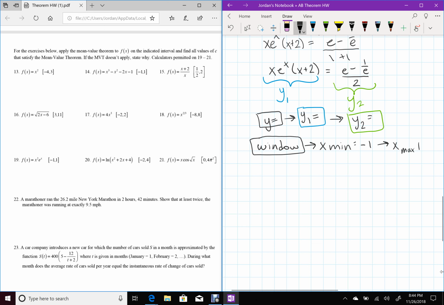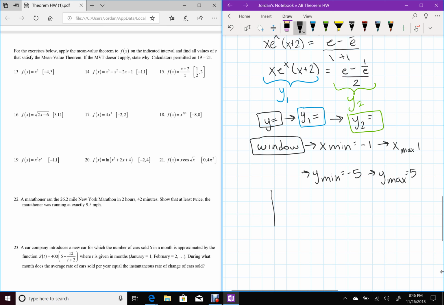After I've got that, I'm going to change my y min to -5, just some arbitrary number that I think will be okay. And I'll set my y max to +5, just for the sake of it working out that way, hopefully. Okay. Then I'm going to graph it to see where my two graphs lie.